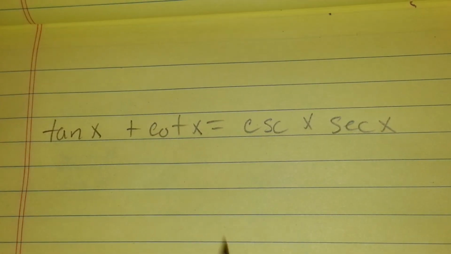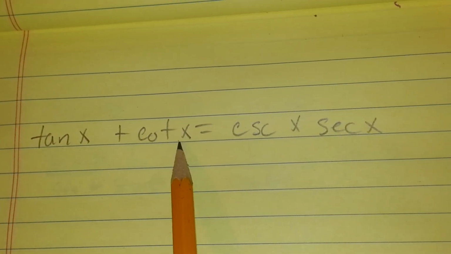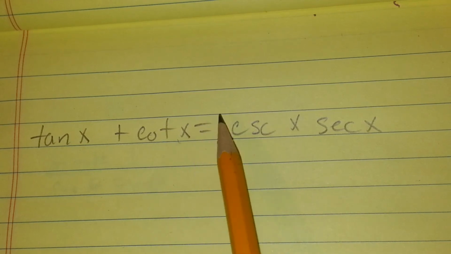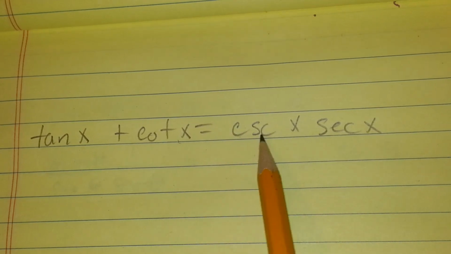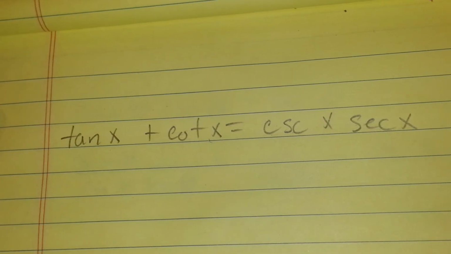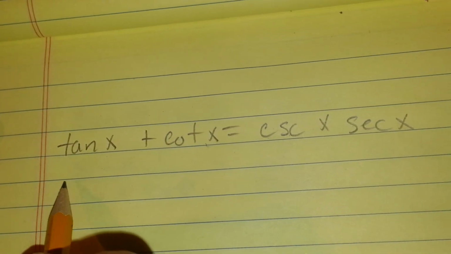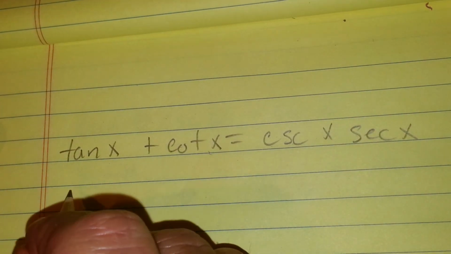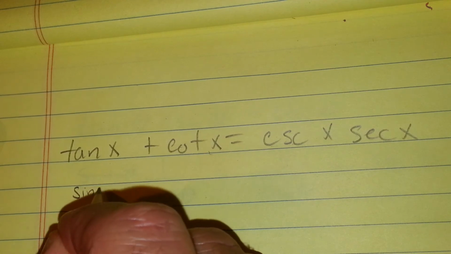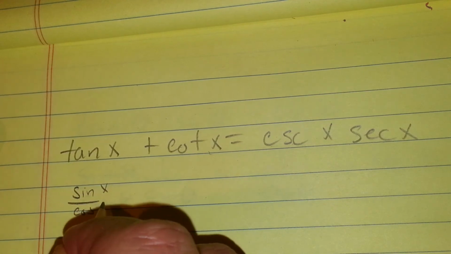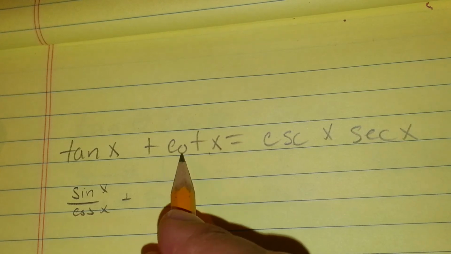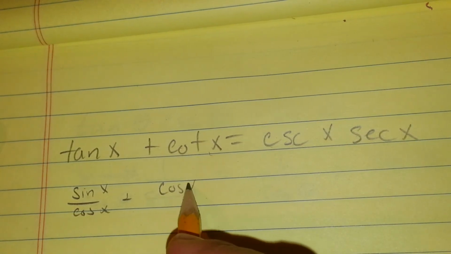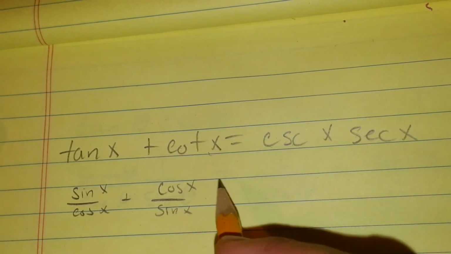Here's a more elaborate one. Here's tangent x plus cotangent x. I want you, or me, to prove to you that it equals cosecant x secant x. All right, so I'll rewrite this as sine x over cosine x plus cotangent's cosine x over sine x.